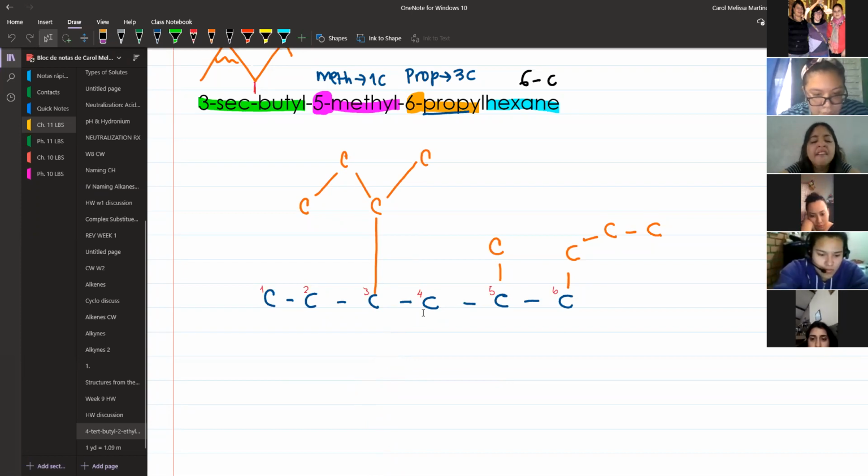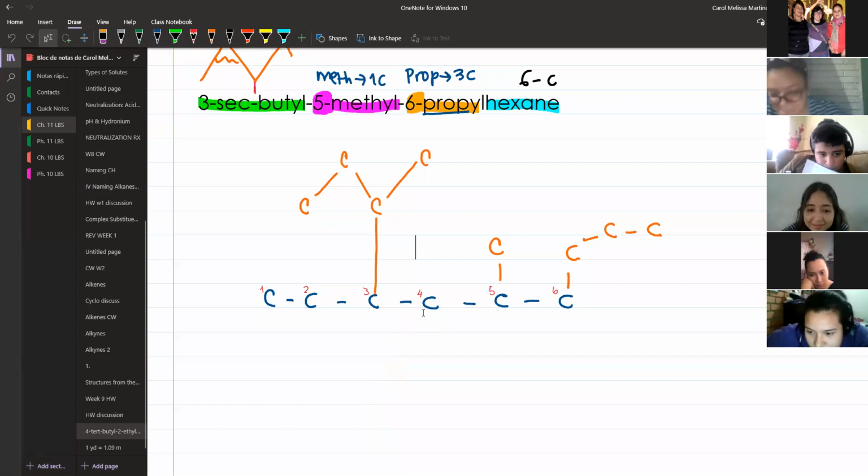Now, the first carbon here has only one bond. That means I need how many more bonds? 3. 1, 2, 3. In every bond, you should put a hydrogen. Beautiful hydrogen there.